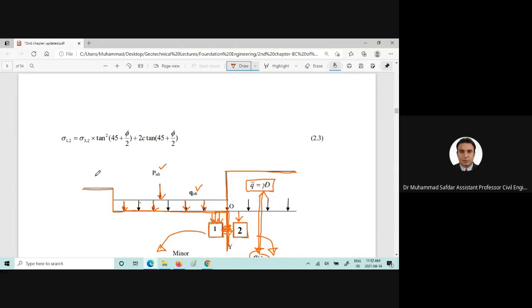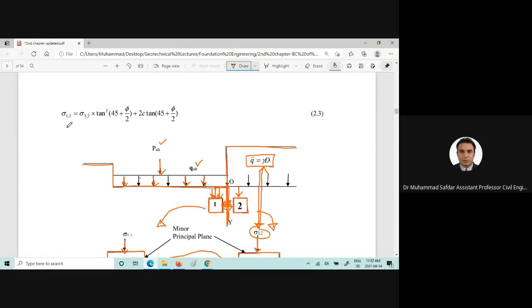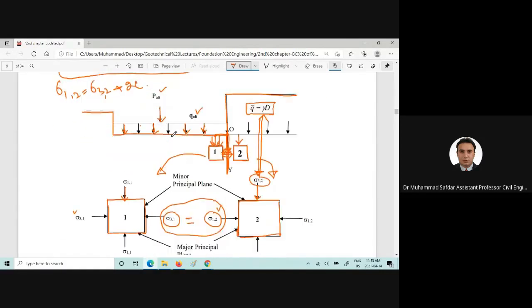And sigma 1.2 is equal to sigma 3.2 tan squared (45 plus phi by 2). If we simply put phi equal to 0 and this term equal to 1, this will give us sigma 1.2 equal to sigma 3.2 plus 2c.